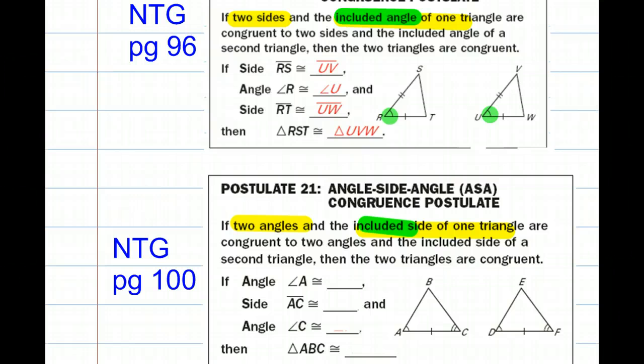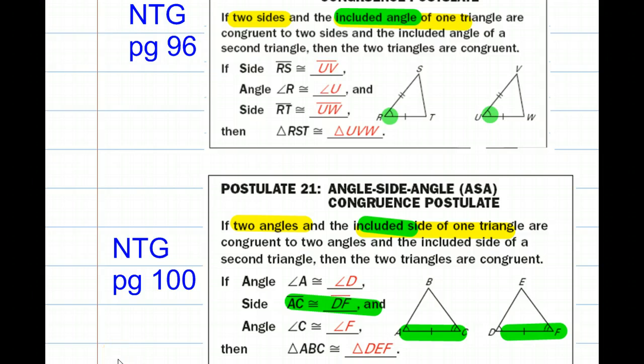So if I can show in this case that angle A is congruent to angle D, and that angle C is congruent to angle F, and that the side that's included between the two angles, those pairs of corresponding sides are congruent, then I can show that the triangle is congruent.